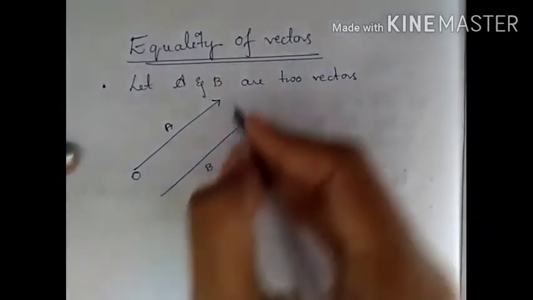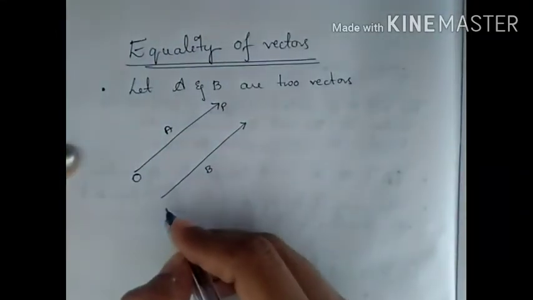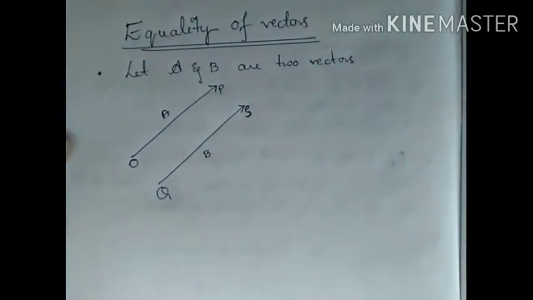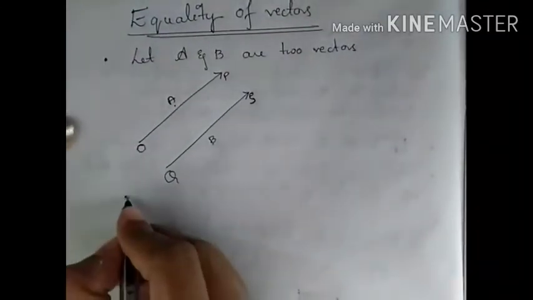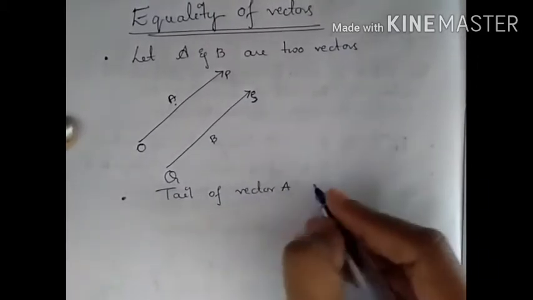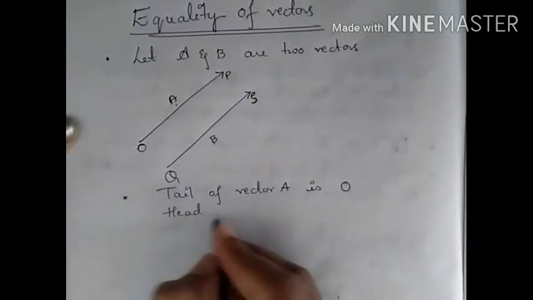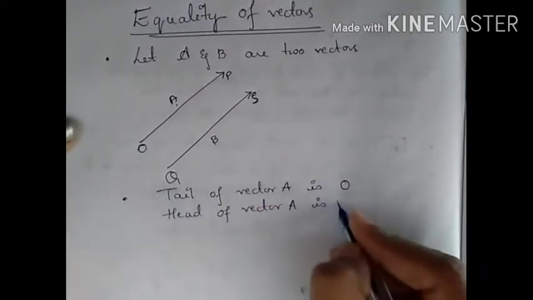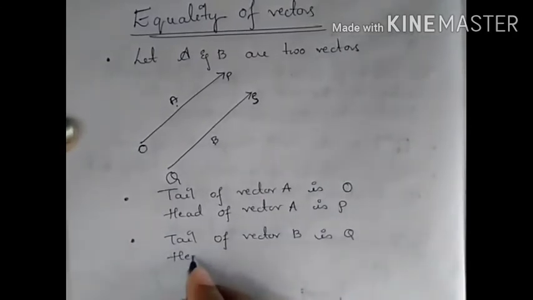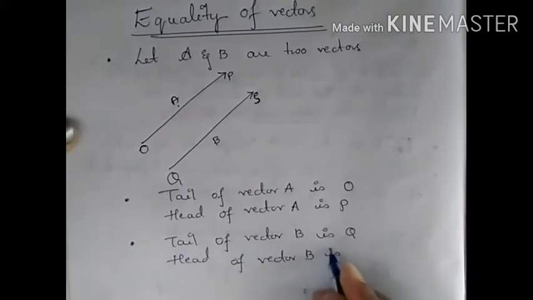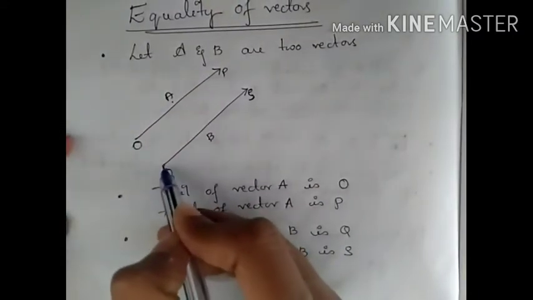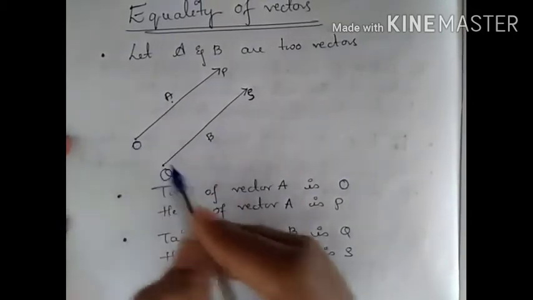Let the tail of A be O and the head of A vector be P. Let the tail of B vector be Q and the head of B vector be S. Now to check the equality, we will shift the tail of B towards O, that is, we'll shift this Q onto O.